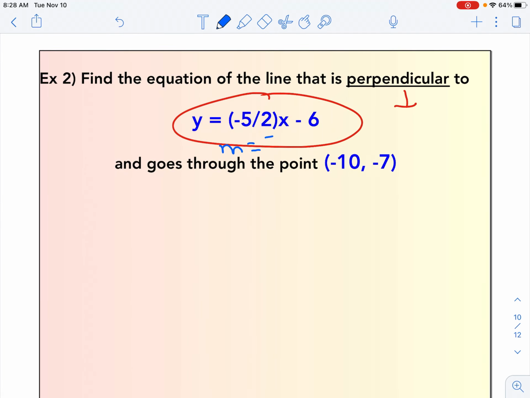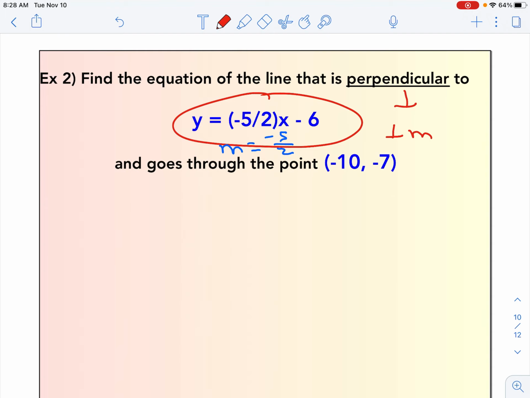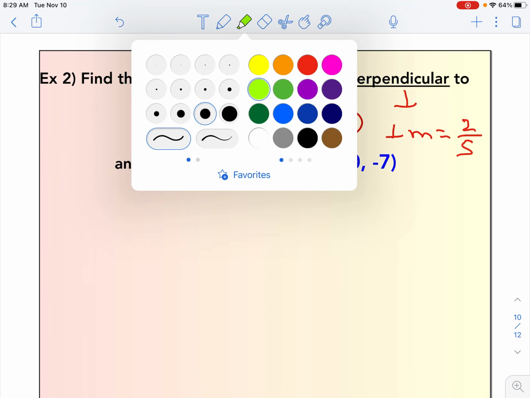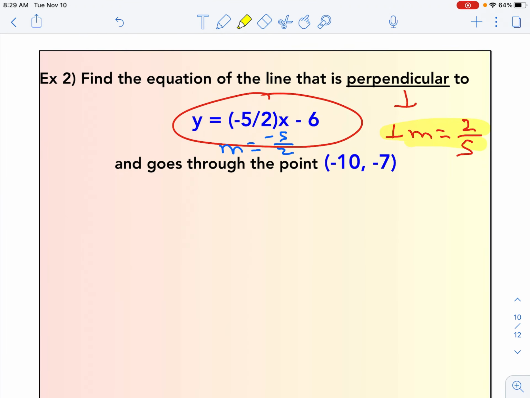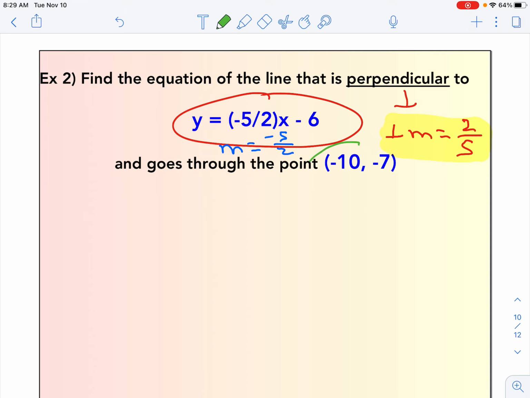Okay, so the slope of this line is -5/2. So the slope that is perpendicular is going to be the opposite, which makes it positive, and the reciprocal, which makes it 2/5. So here's the slope that we need to use. And this is not the y-intercept, but this is our given point.